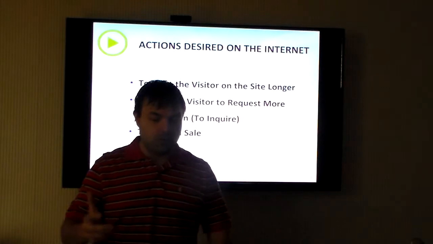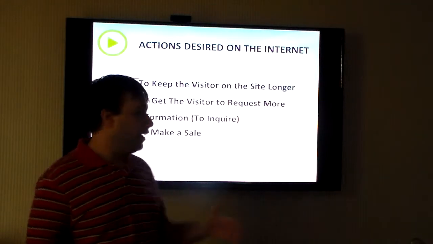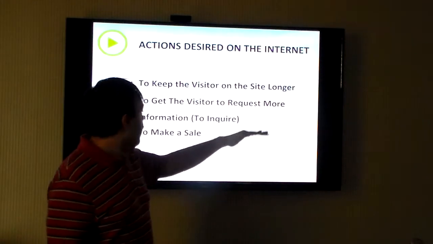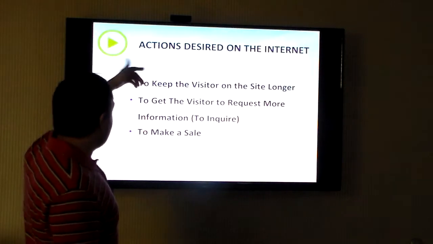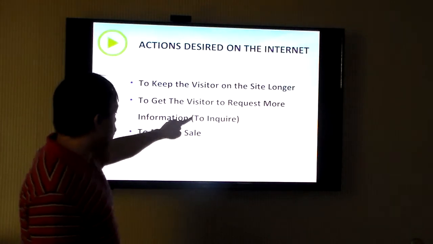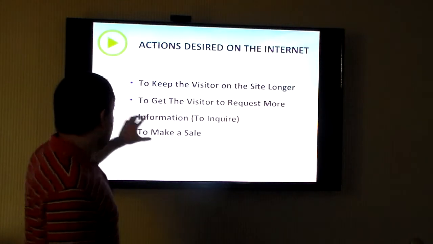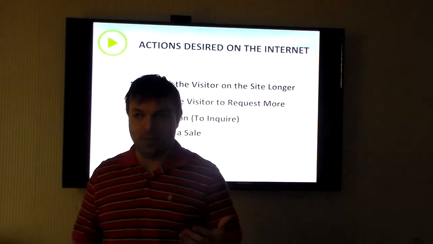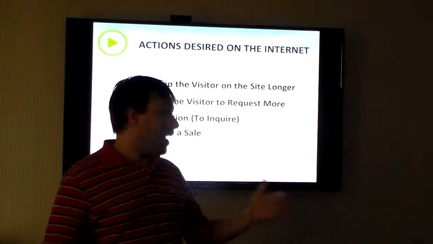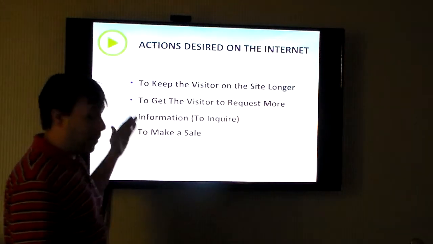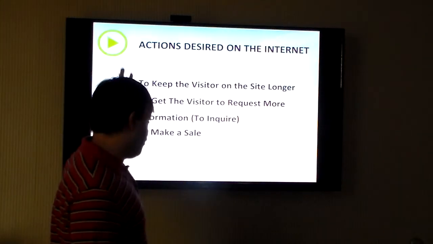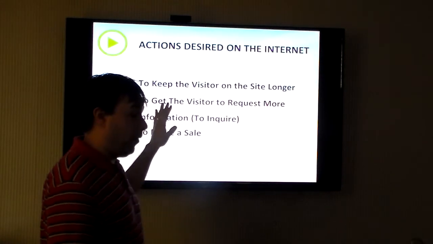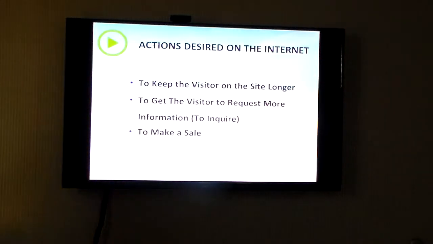If you're doing a television ad that says go to the internet, that keeps them on the site longer, and the longer they're on the site, the more possibility there is for them to spend money, which is the end goal. If they want more information, you're also providing it to them in a timely manner that makes them spend money. So the end goal of all of this is spending money. If you can find a way to create a strategy that enables people to spend money, you've been successful.